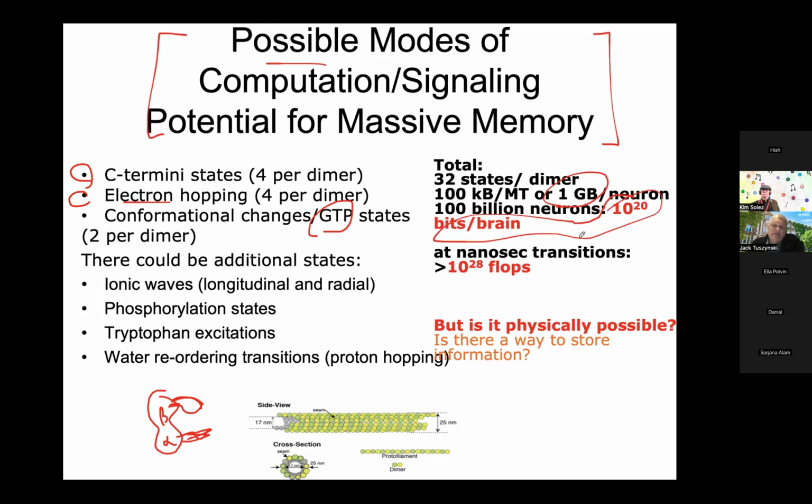Now, how fast these states can make transitions depends on which ones, of course. But of course, that's optimistic nanosecond transitions, which conformational states of proteins support. That would be a phenomenally large number of operations per second, 10 to the 28th. I would say that's impossible, but upper limit for sure.